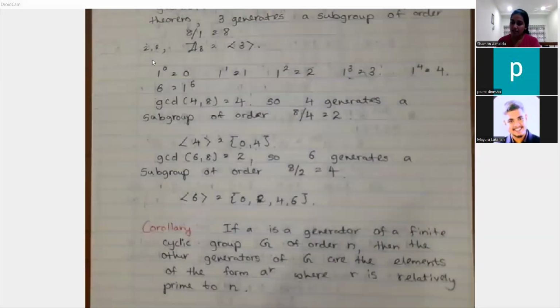If A is a generator of a finite cyclic group G of order n, then the other generators of G are the elements of the form A to the power of R, where R is relatively prime to n.